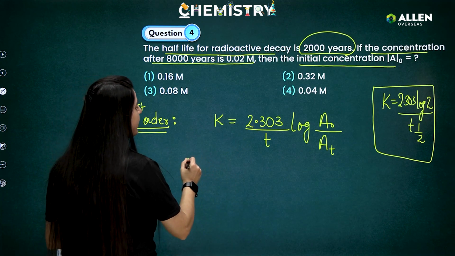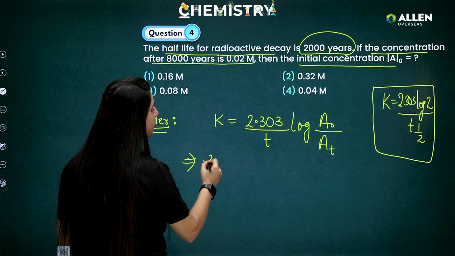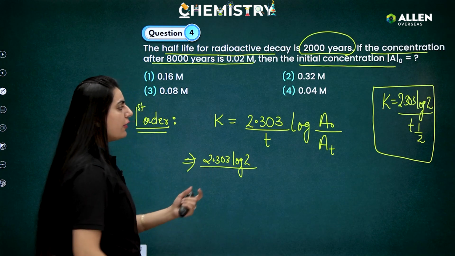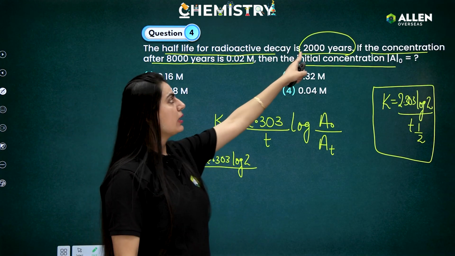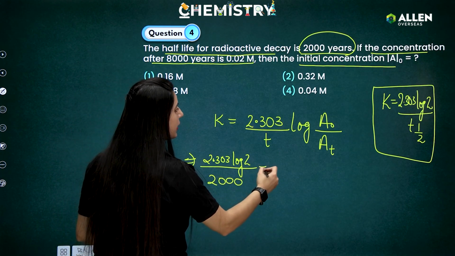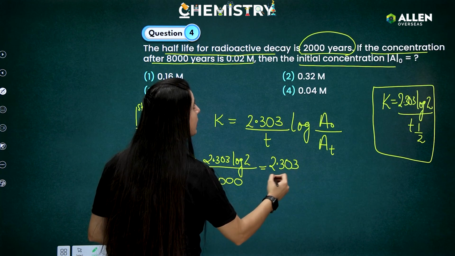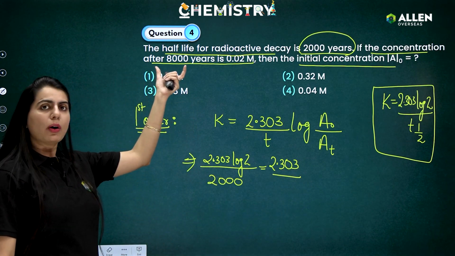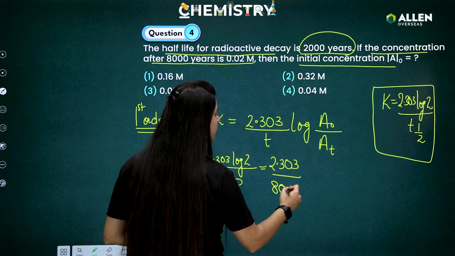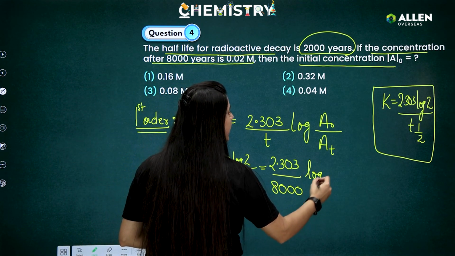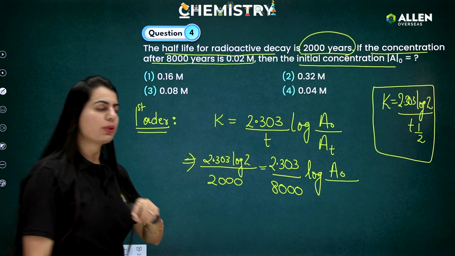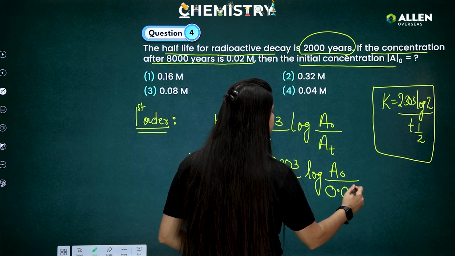So let me put the value of K. I'll be getting 2.303 log 2 divided by the value of T half, which is given in the question as 2000, equal to 2.303 divided by the time, which is 8000 when the concentration becomes 0.02, into log of initial concentration A0 divided by the final concentration, 0.02.